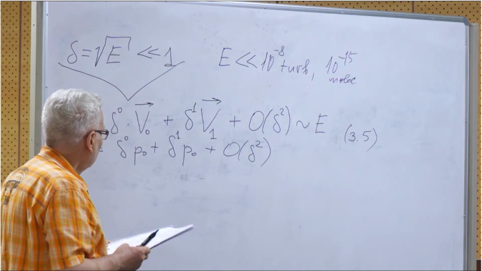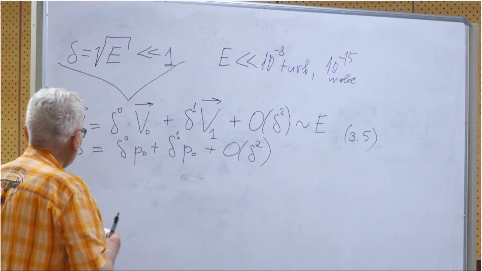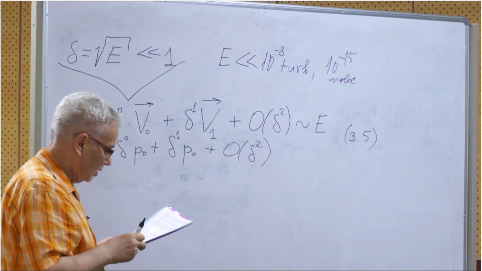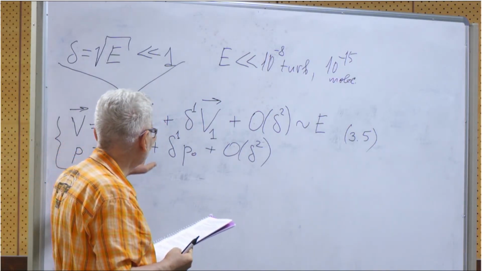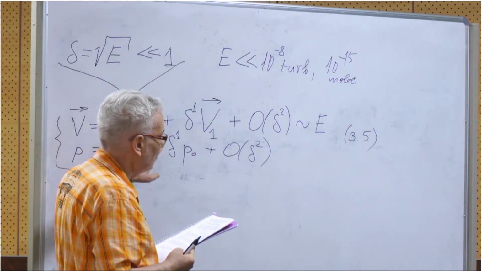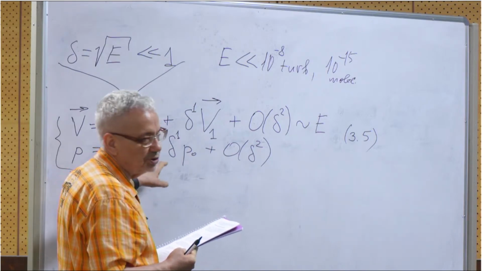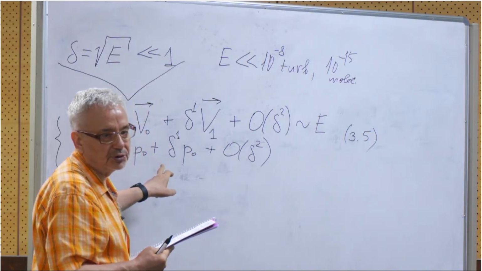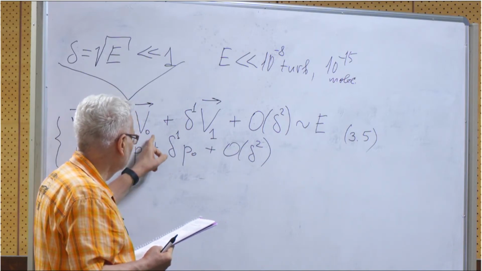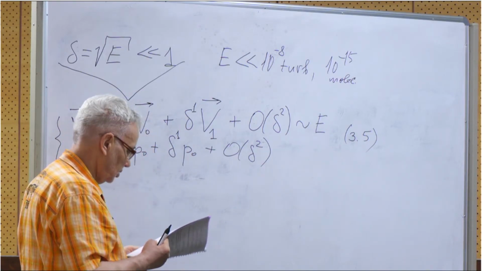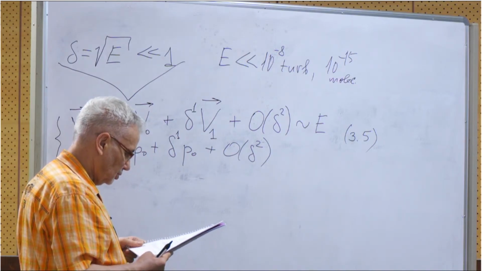So when we consider all this, we will take into account only the first term, and it will be enough for our purposes. To make this simple, we just remove the zero index from here and from here, and work with this field.